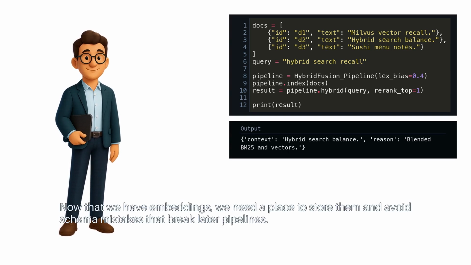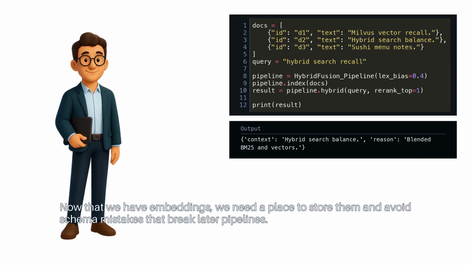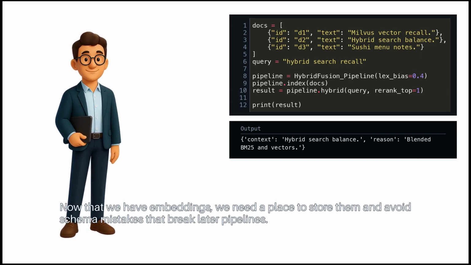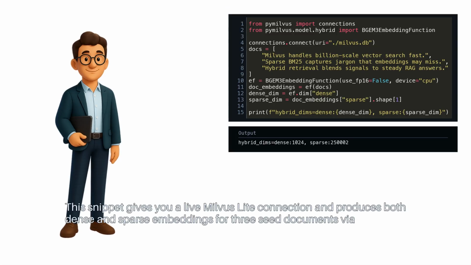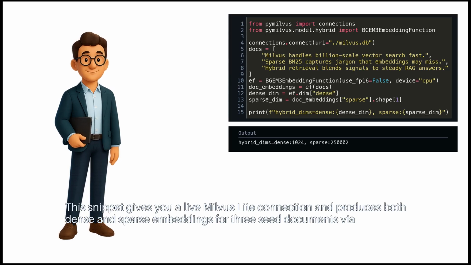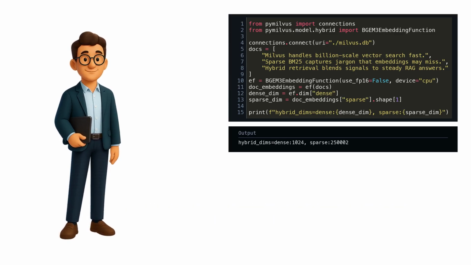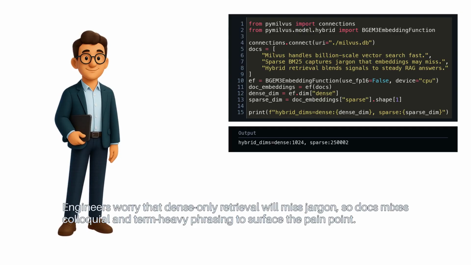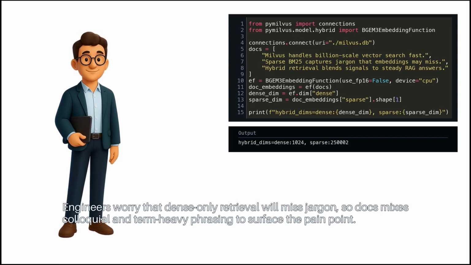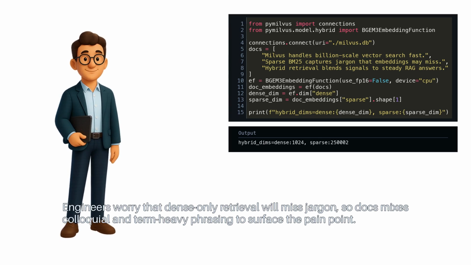Now that we have embeddings, we need a place to store them and avoid schema mistakes that break later pipelines. This snippet gives you a live Milvus Lite connection and produces both dense and sparse embeddings for 3 documents via the BGEM3EmbeddingFunction. Engineers worry that dense-only retrieval will miss jargon, so the docs mix colloquial and term-heavy phrasing to surface the pain point.